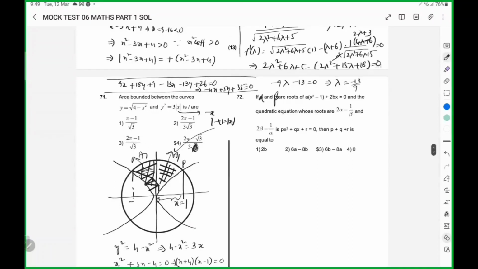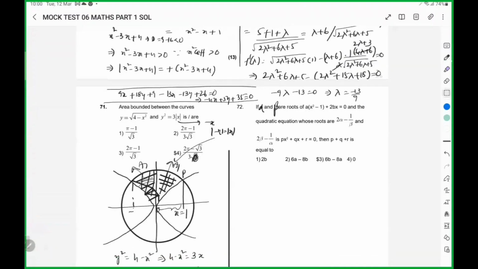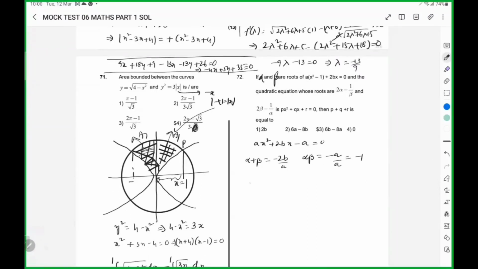Here alpha beta are the roots of the equation. Sum of the roots here is alpha plus beta is this. Alpha beta is minus 1.